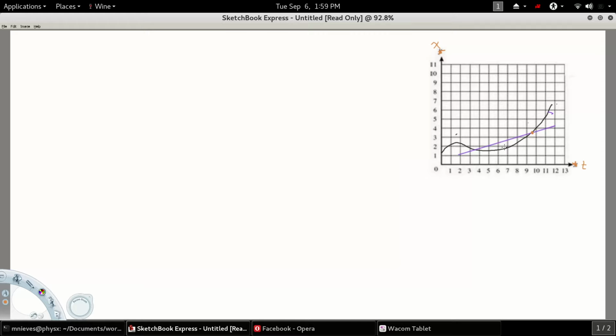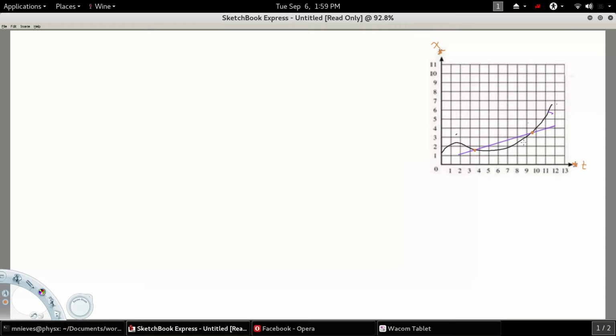So this line touches a curve there, and it touches a curve right about here. So in pre-calculus we would say, okay, well, we have this curve defined by f of x. Now, what's the average rate of change of the curve between these 2 points here?